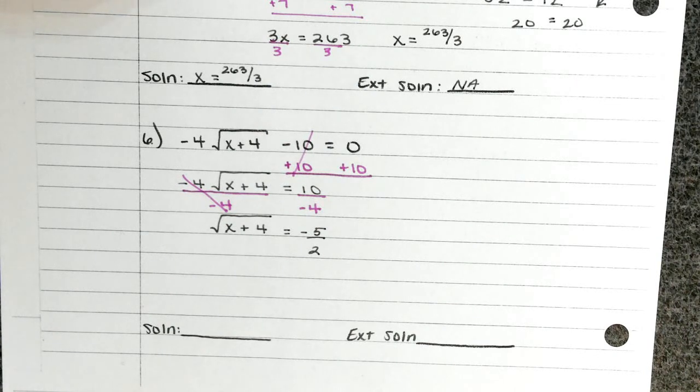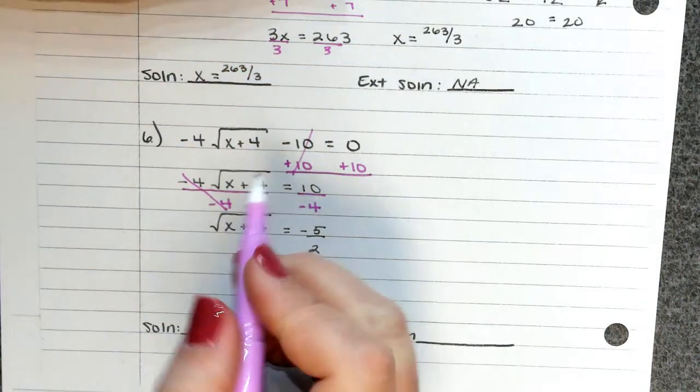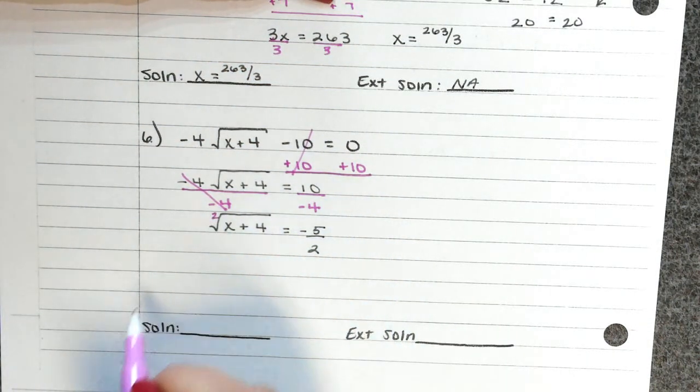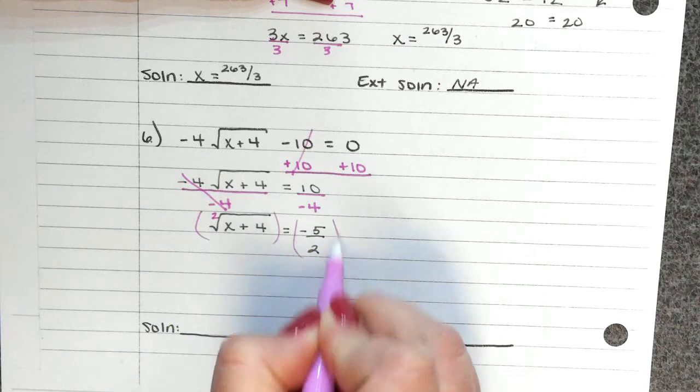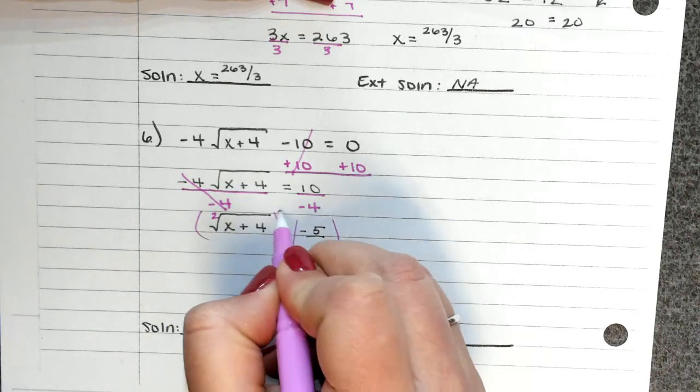Number 9, what comes next? We have to get rid of the radical sign. How do we do that? What's the index on that radical? It's invisible. What is it, though? It's a 2. So what do I raise both sides to the power of? 2.